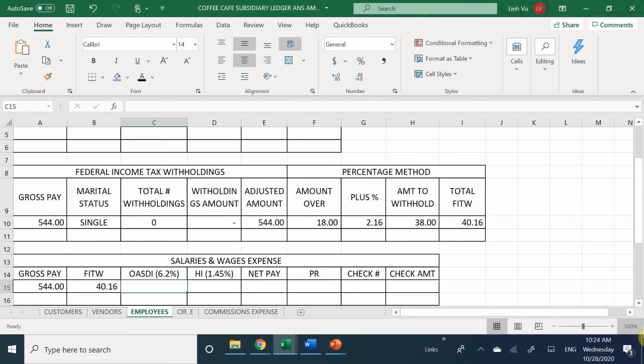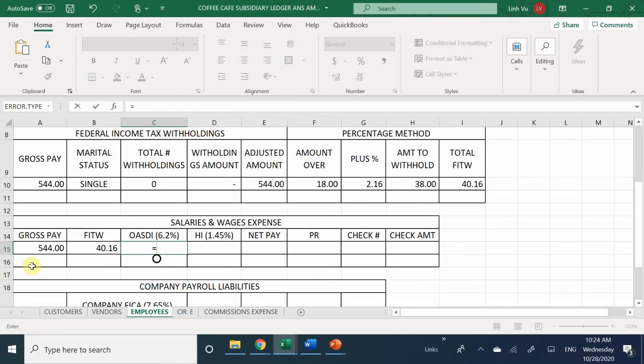OASDI, which is Social Security, I already gave you here, is 6.2%. So we're going to calculate this amount based on the total gross pay. I think that's $3.37. So we multiply by 0.062. Let's see.